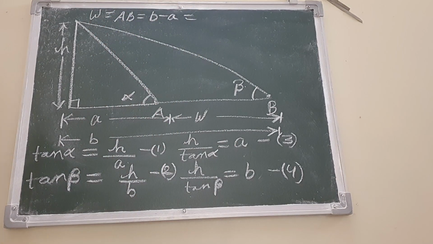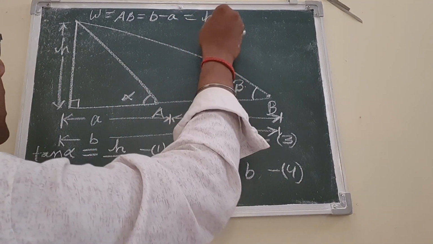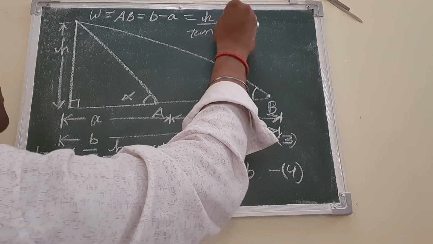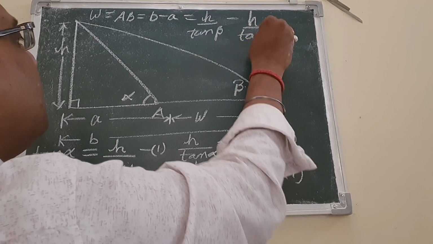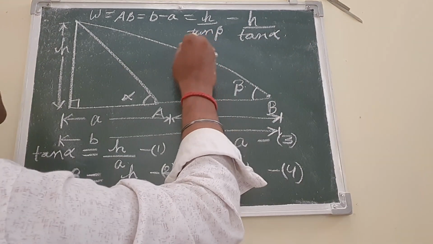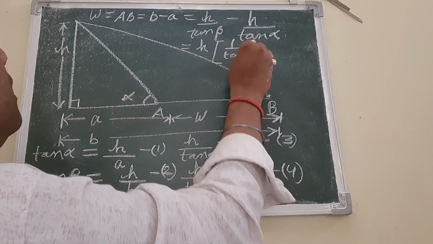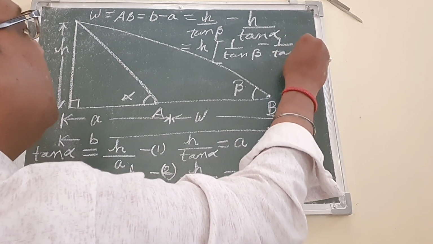So here we can write b minus a, with the values of b and a, that is h upon tan beta minus h upon tan alpha. Taking h common we get 1 upon tan beta minus 1 upon tan alpha.